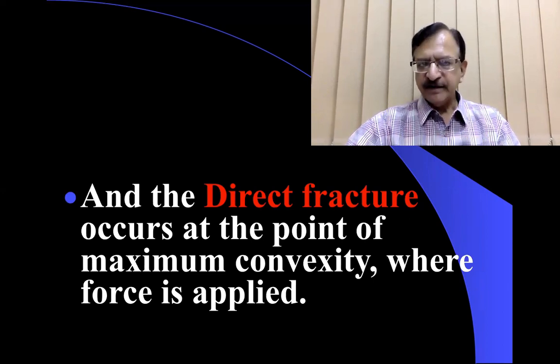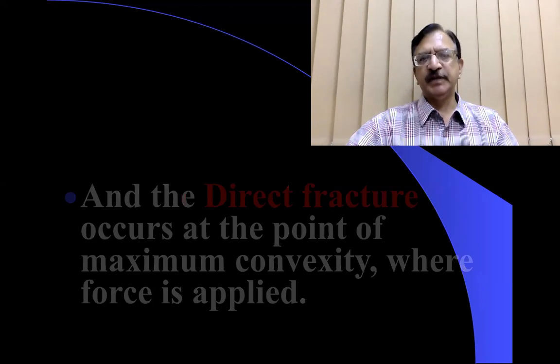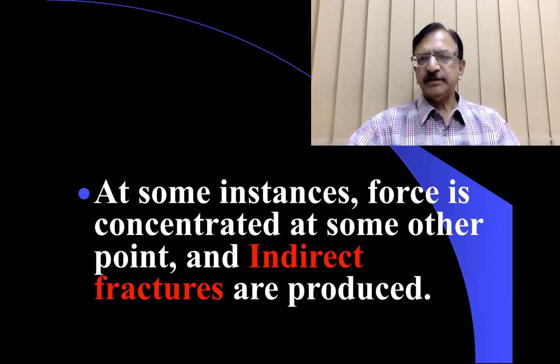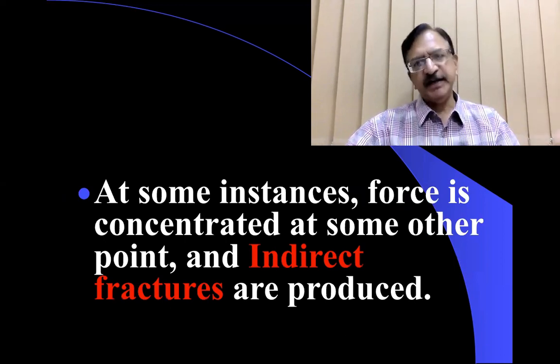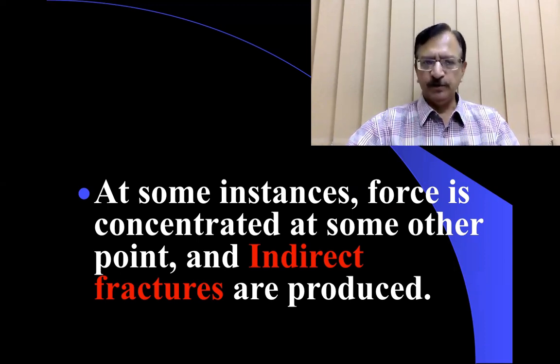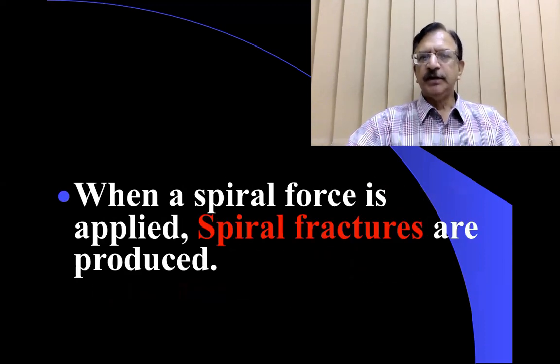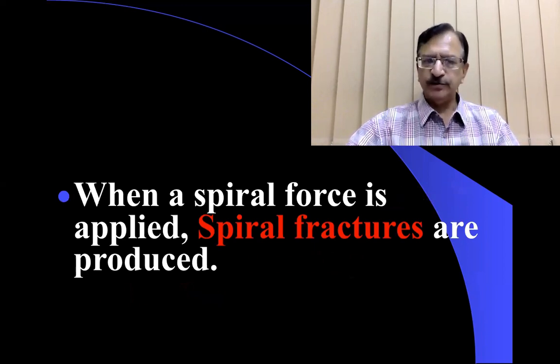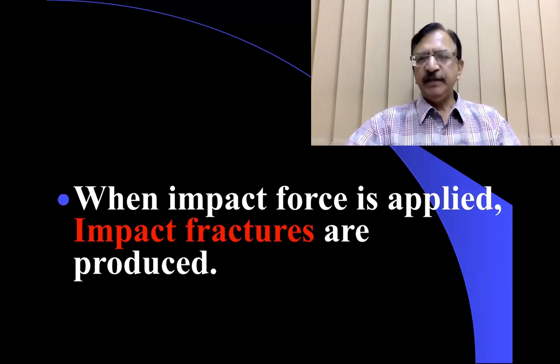A direct fracture occurs at the point of maximum convexity where the force is applied. Sometimes the force is concentrated at some other point and indirect fractures are produced. When a spiral force is applied, spiral fractures are produced. And when an impact force is applied, there will be impact fractures, that is, direct crushing of the bone.